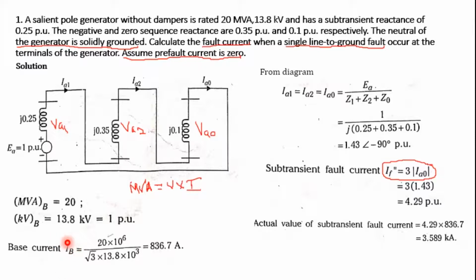So 20 MVA divided by 13.8 kV times root 3 for the line voltage gives 836.7. This is the base current, and the per unit value multiplied by it gives the absolute value of the current. So this is the answer we got for this problem.